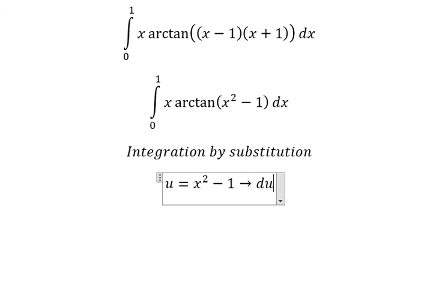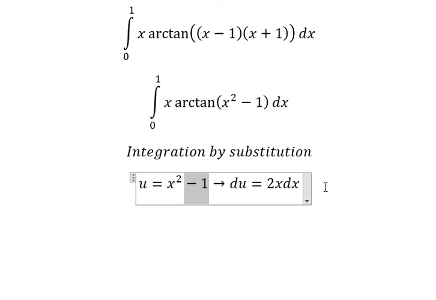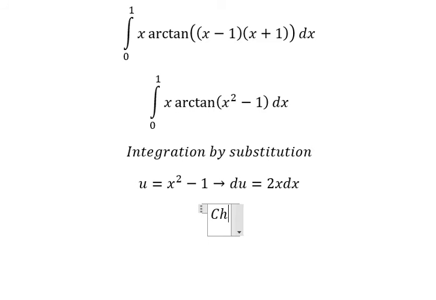Later we take the first derivative of both sides. The derivative of s squared minus 1 is 2s, and the constant gives 0. Later we need to change the bounds.